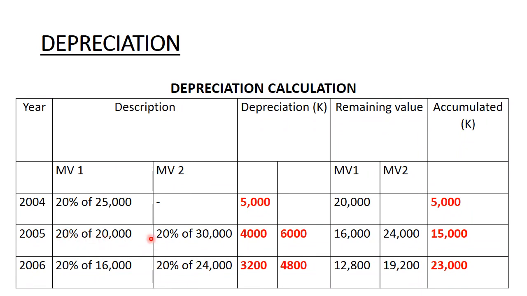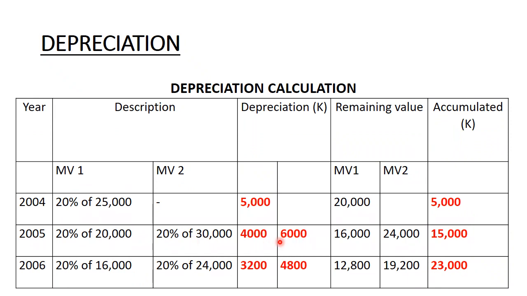So by the end of 2005, it will again lose 20%. So 20% of 20,000 is 4,000. But again, at the beginning of 2005, we bought a vehicle, which was 30,000. So 20% of 30,000 is 6,000, meaning that in 2005, we have lost the 4,000 from this vehicle and the 6,000 from this vehicle.